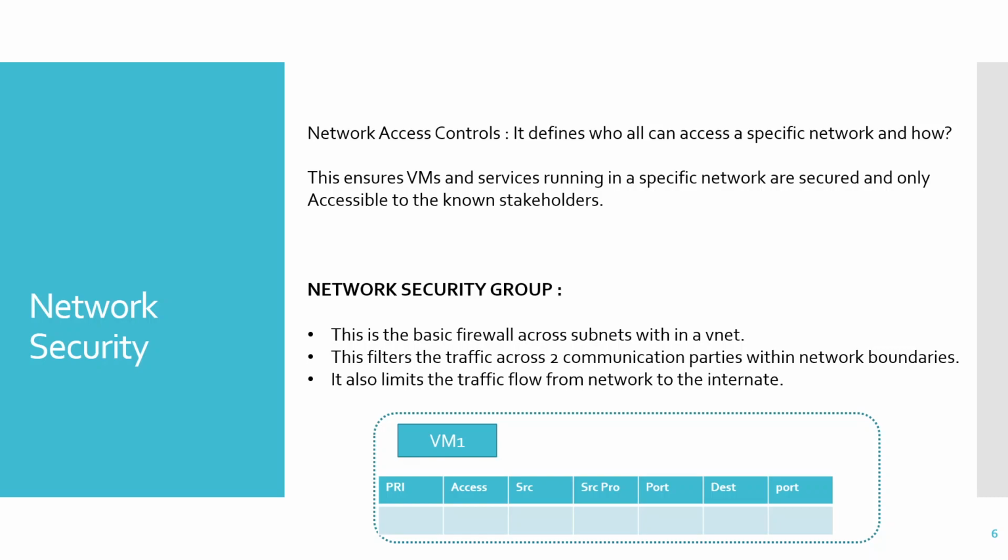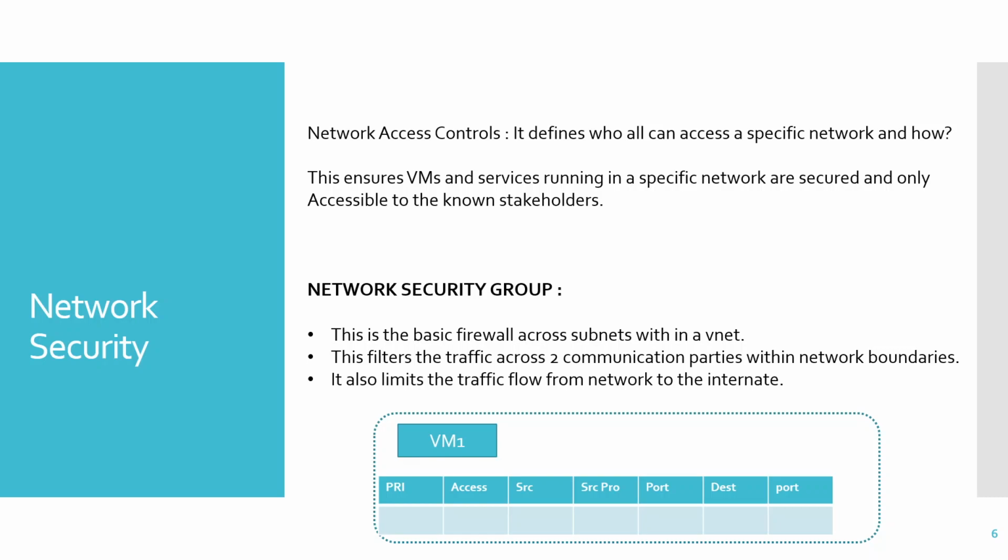So the network security group is an important part of that, and it is nothing but a firewall across subnets. Within a VNet, if your subnets are communicating with other subnets, that network security group will decide who can access what and how. It filters the traffic across two communication parties within network boundaries, and it also limits the traffic flow from the network to the internet.